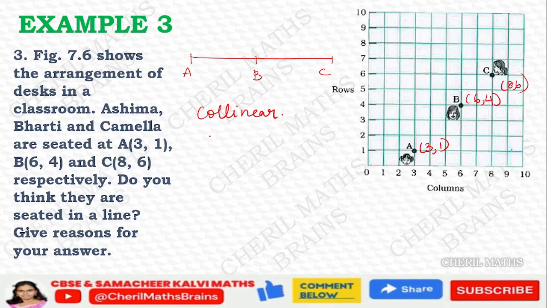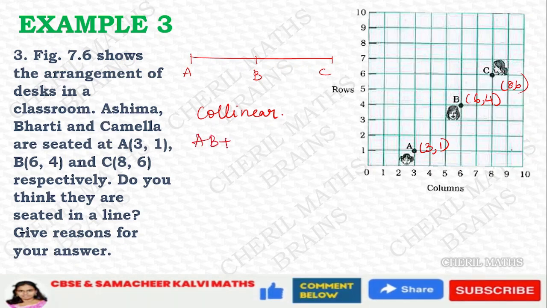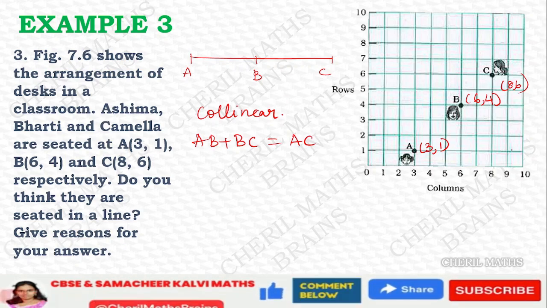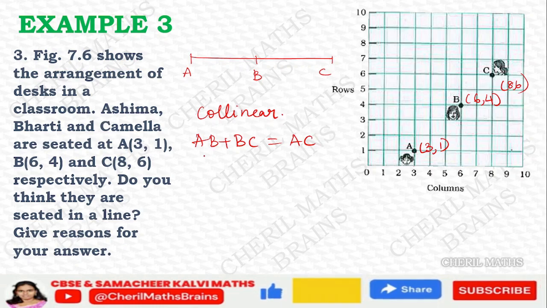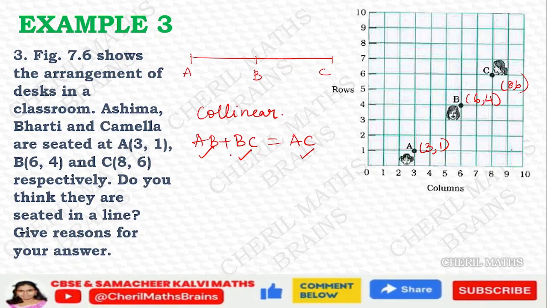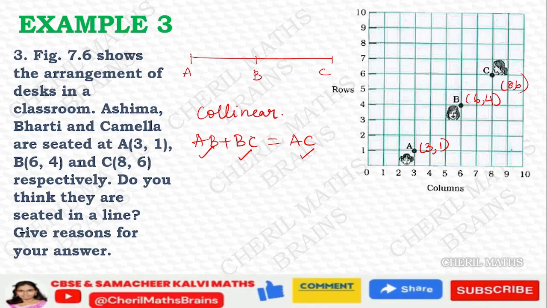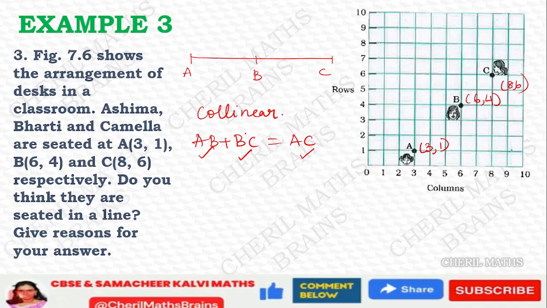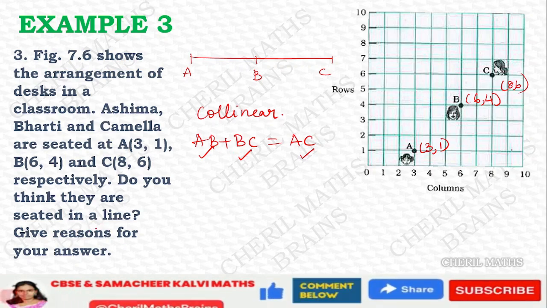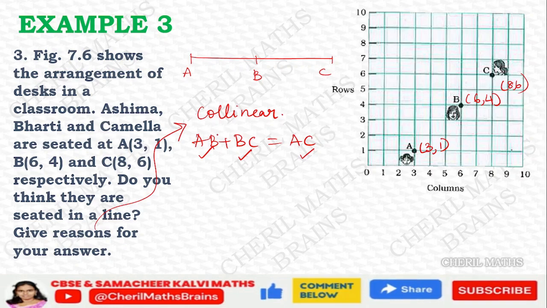If you add AB and BC, and you get AC, then you can say that these 3 points are collinear. So for that we need to find the distance of AB, BC and AC. Finally, if this condition is satisfied, then you can say that they are seated in a line. Is it clear, children? So we need to prove the collinearity. That will be the reason.